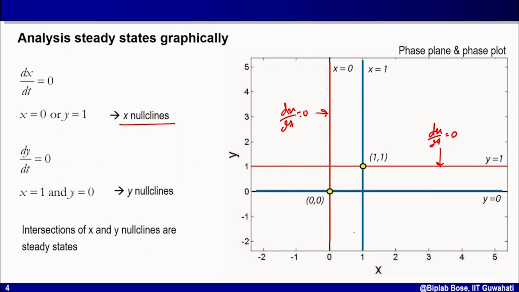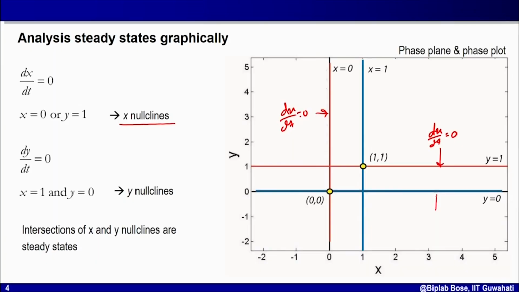Whereas for the blue lines, we have got these using dy/dt equal to 0. That means y is not changing with time. So for this blue line, dy/dt is equal to 0, and for this blue line also dy/dt is equal to 0. So I have 2 y null lines.